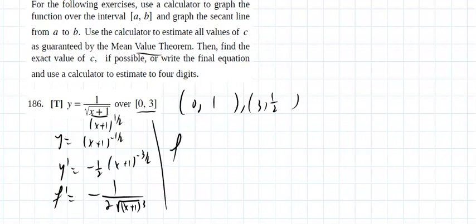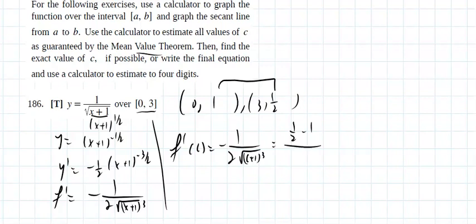Now, take f prime at c, which is negative 1 over twice the square root of c plus 1 cubed, and set it equal to y2 minus y1 over x2 minus x1. And what is that?